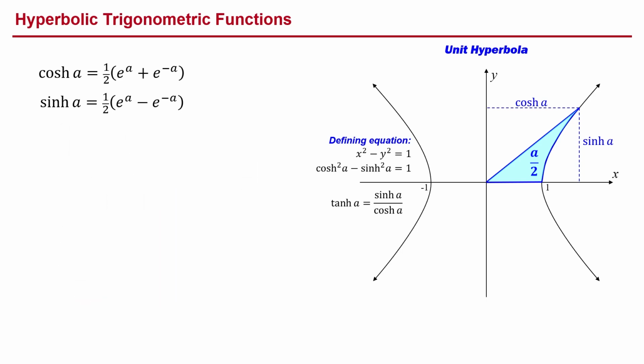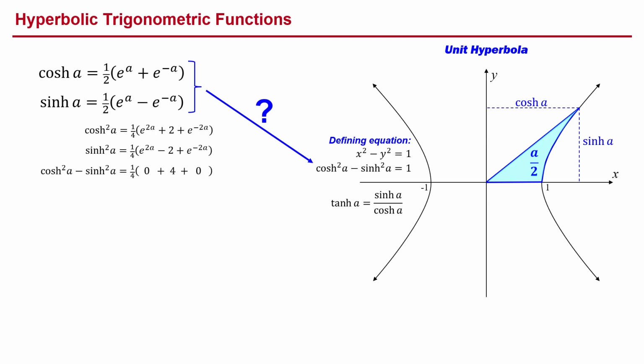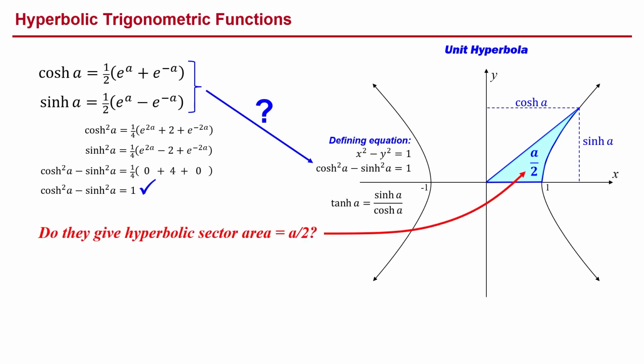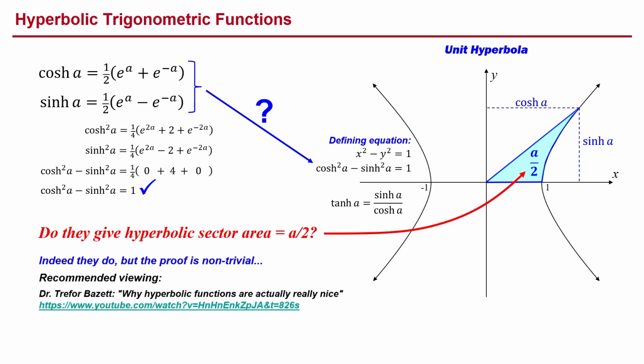The first question regarding our expressions for hyperbolic sine and cosine is, do they satisfy the defining equation? Well, it's very easy to show that yes, they do. But the next question is, do they give a hyperbolic sector area equal to A over 2? Well, indeed they do, but the proof is non-trivial.